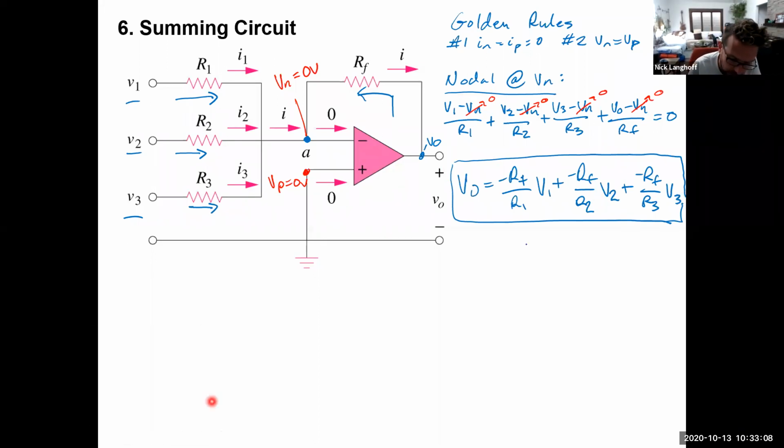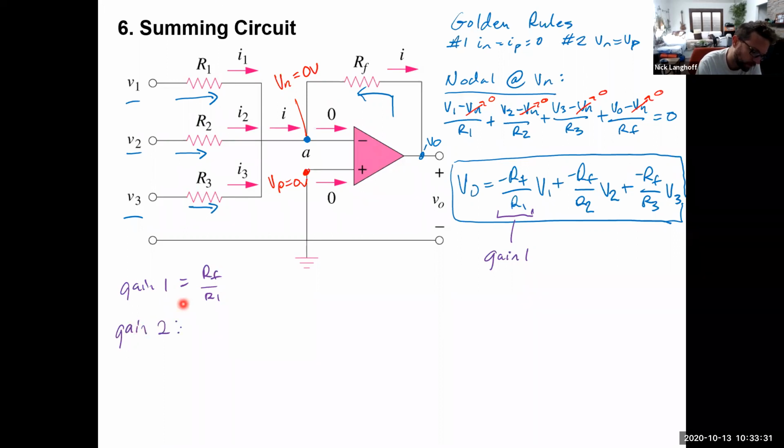And what I'll say here is that each signal has its own gain. That's the gain 1 for the signal V1. So gain 1 is equal to RF over R1. The gain for signal 2 is RF over R2.